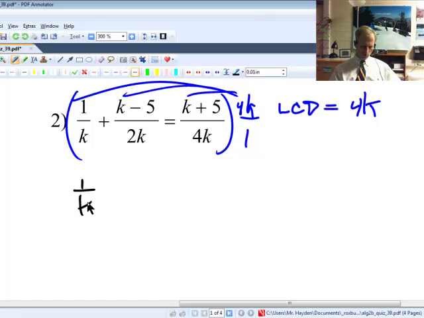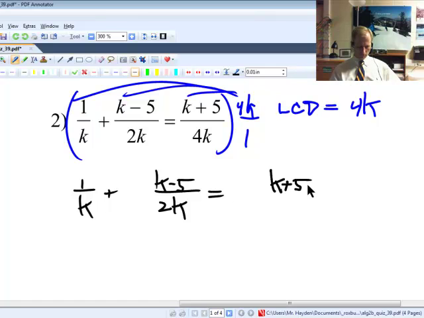So let me recopy the equation. And now I'm going to write in my 4k over 1.